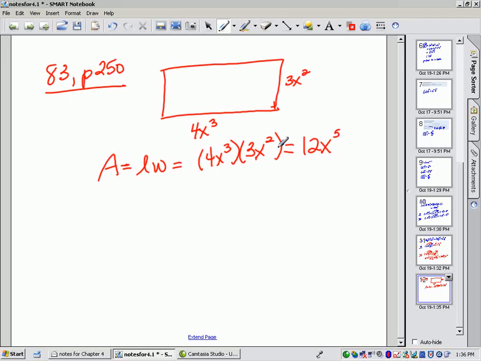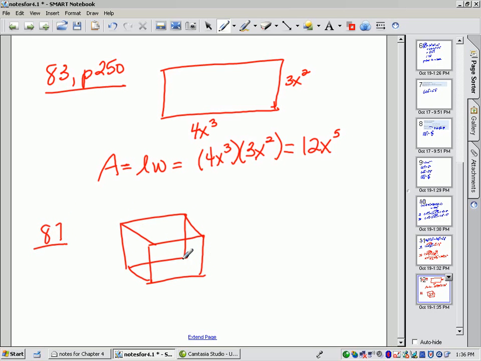The last problem is to find the volume. So number 87, they give you a box. And you have 5x squared for all of the dimensions. The length, width, and height. Volume is length times width times height.